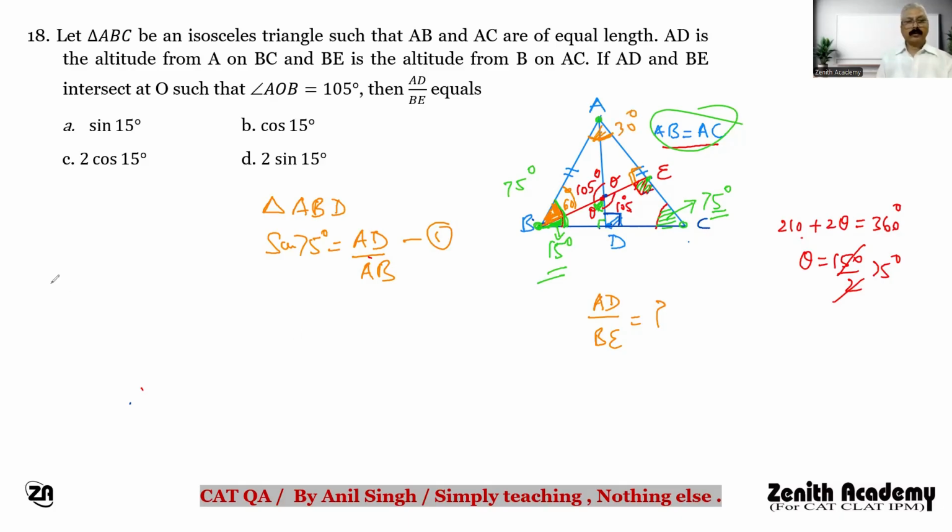So now in triangle AEB, sine 30 will be equal to BE upon AB.